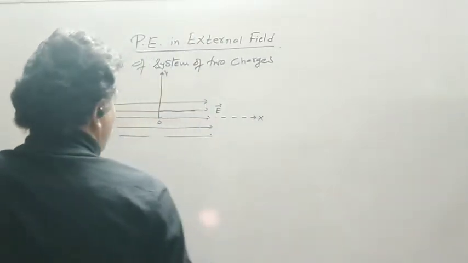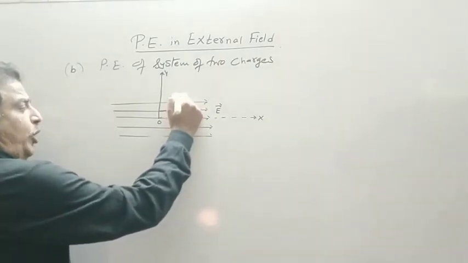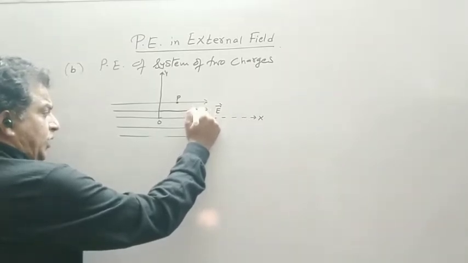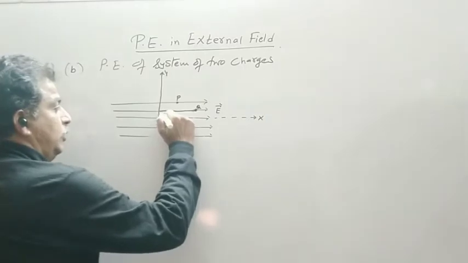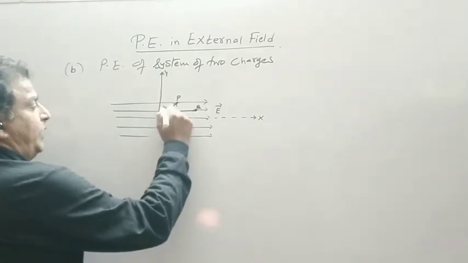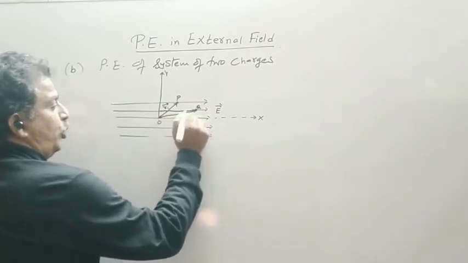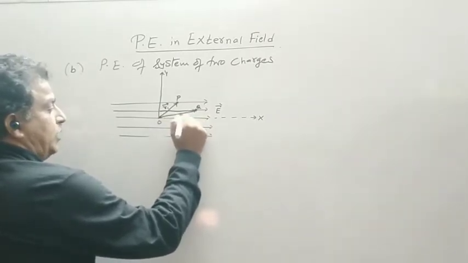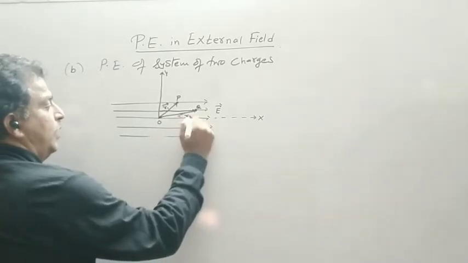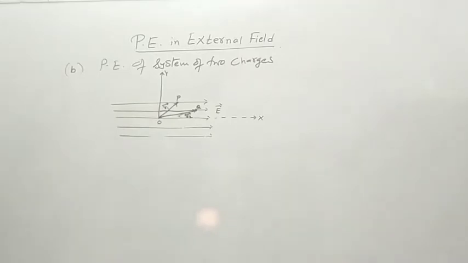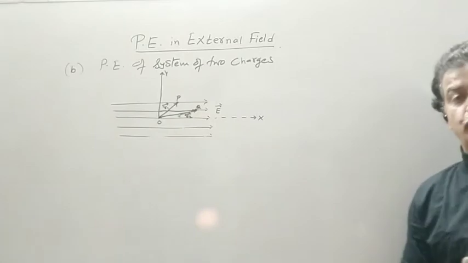So let us assume the two positions where the charges are to be placed are point P and another point Q. Let the position vector of point P be R1 vector and the position vector of point Q be R2 vector.